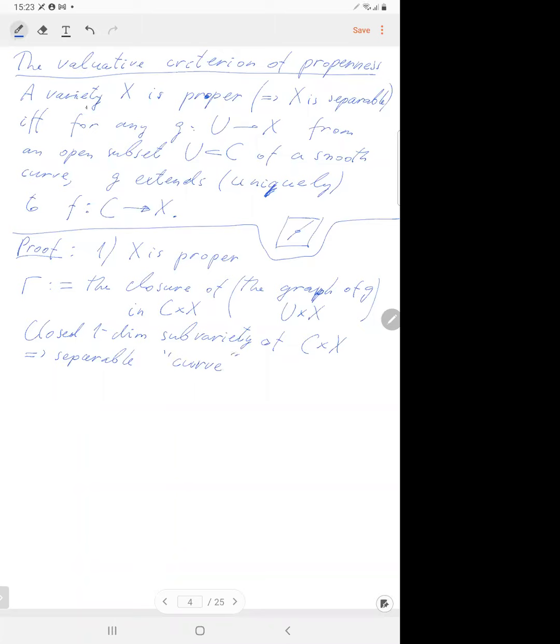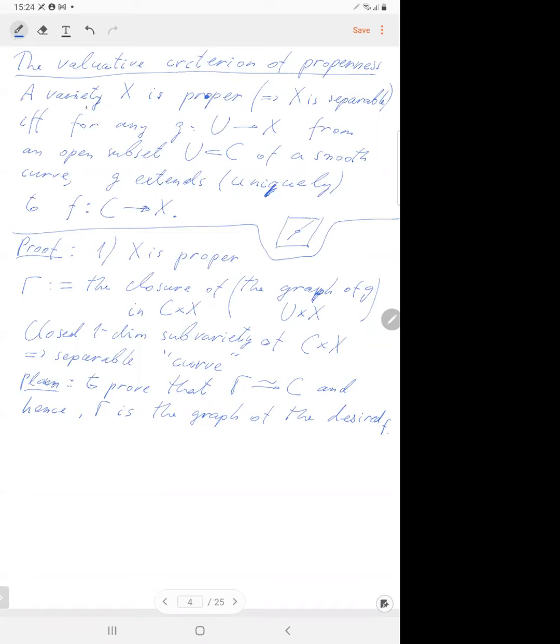And now the plan is to prove that gamma projects isomorphically to C, and hence gamma is the graph of the desired morphism F. Why would F then be unique? Well, the uniqueness is already known because we just proved the evaluative criterion of separability, right?